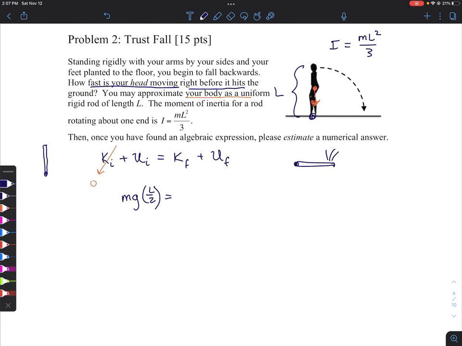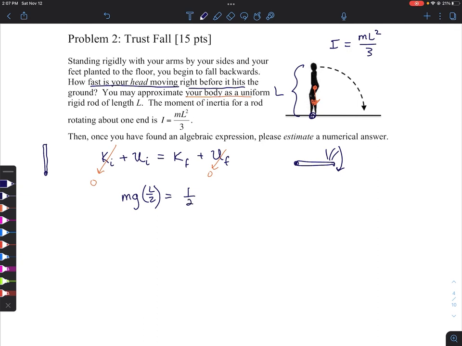So in that case, everything is at h equals 0, so there's no potential energy, and all the energy is kinetic. So this is a thing that's rotating, so we can use rotational kinetic energy here, which is 1/2 I omega squared.